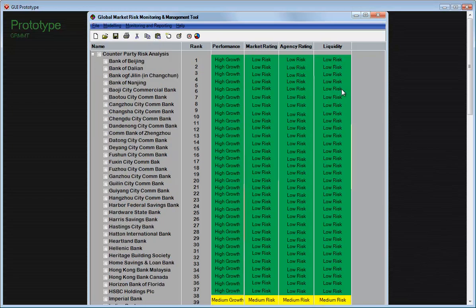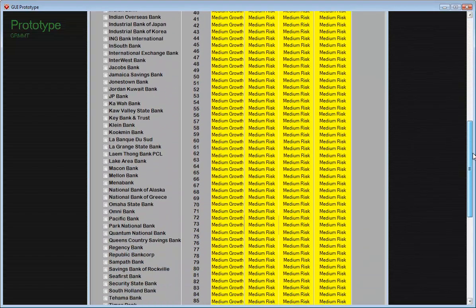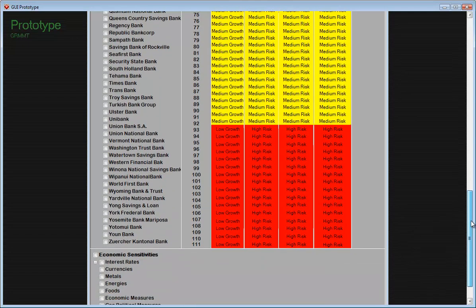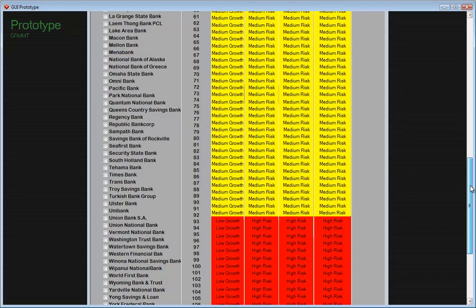Here we're now looking at counterparty risk analysis, perhaps sometimes referred to as just bank-to-bank risk, and as you can see all the banks, or at least a sample of banks, are listed down the left hand side.